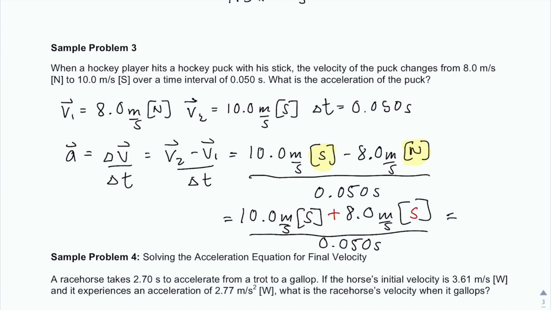Notice that this drastically changes the value that you would get. So it ends up being 10 meters per second plus 8 meters per second. If you punch this into your calculator, you will get two significant digits, 3.6 times 10 to the power of 2 meters per second squared south.